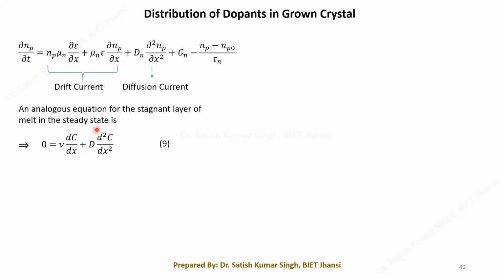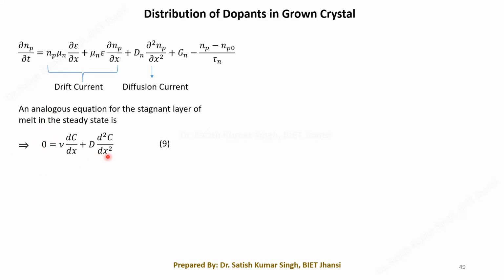Otherwise, it would keep increasing indefinitely, and it may reach a maximum value or go to infinity. So when we have achieved the steady state, the net increase in the concentration with respect to time will be zero.